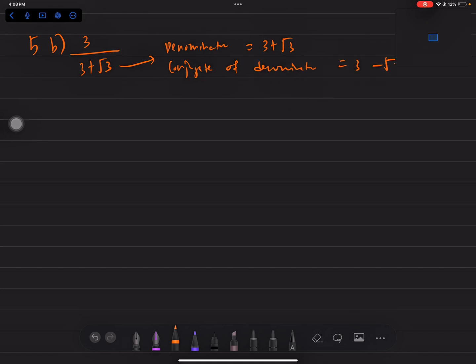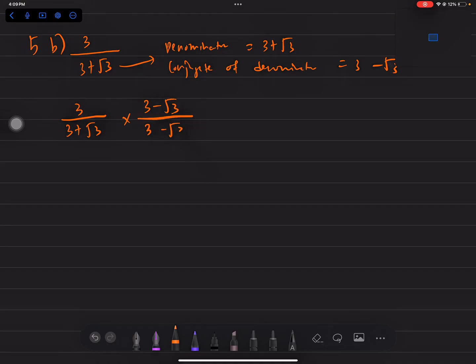So we will multiply by 1, but in a special form. This will make the denominator nice. So we have 3 plus root 3 multiplied by 3 minus root 3, the conjugate of the denominator, over 3 minus root 3.